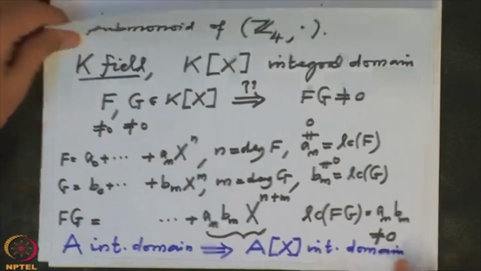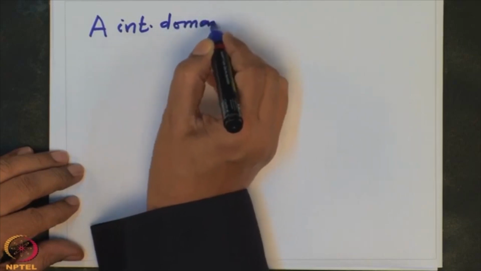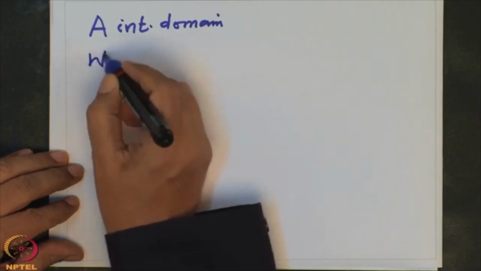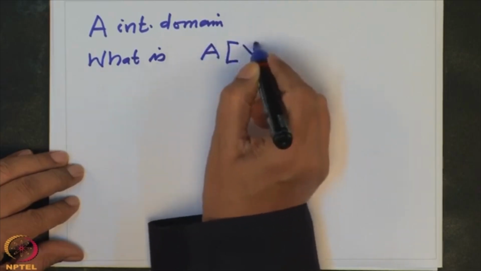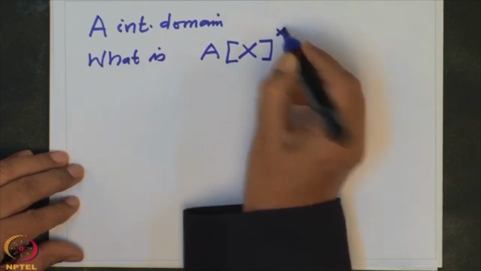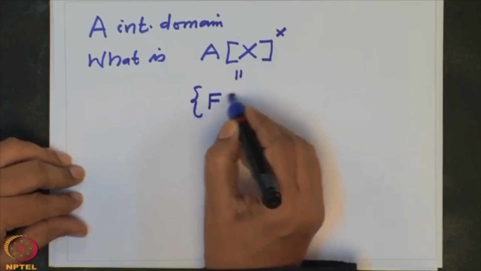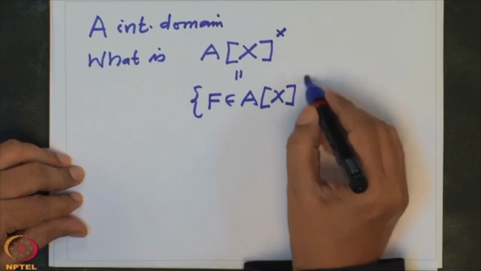Then what about the unit group? That is also very easy now. So just let us check that if A is an integral domain, then what is the unit group of A[x]? What is this set? This set is precisely all those polynomials f with coefficients in A such that f is a unit in A[x].